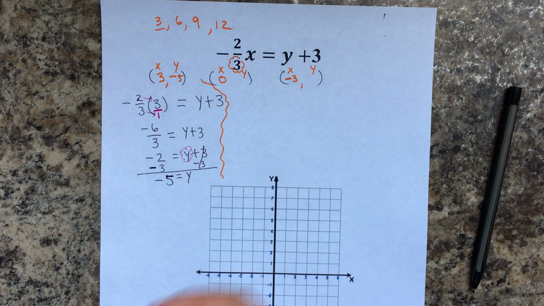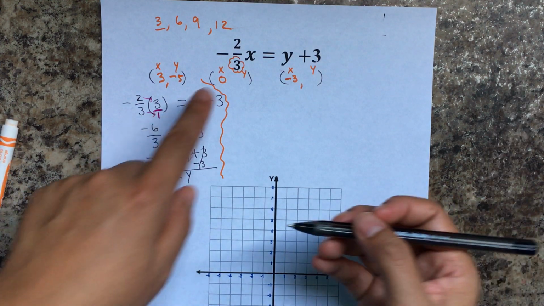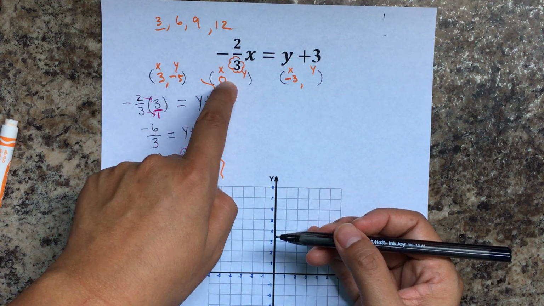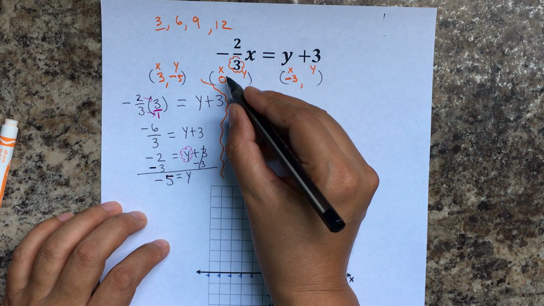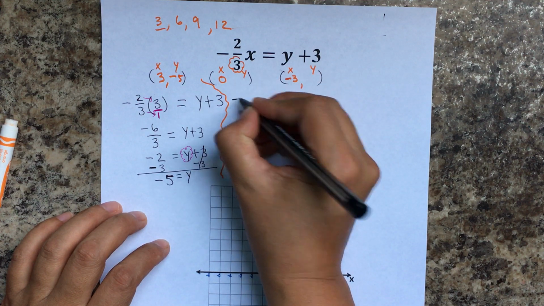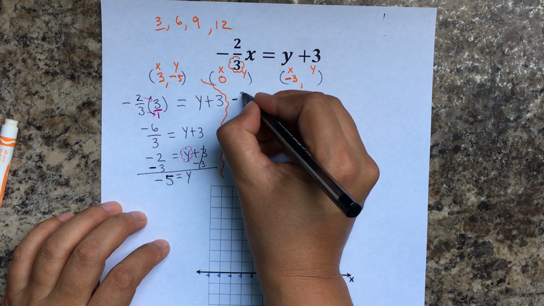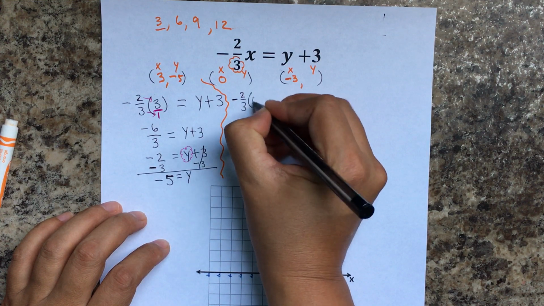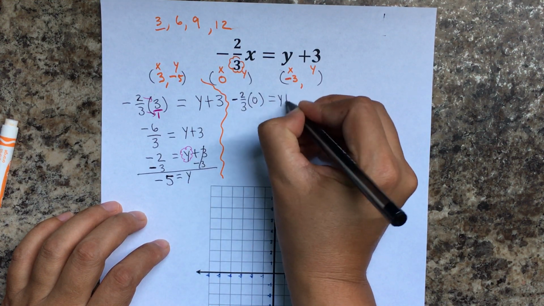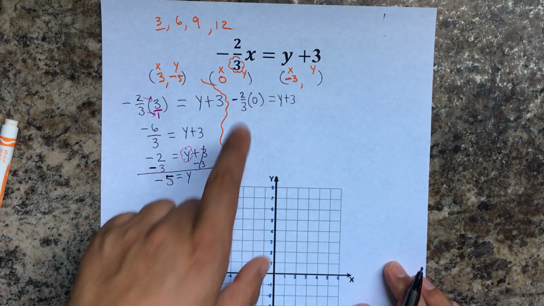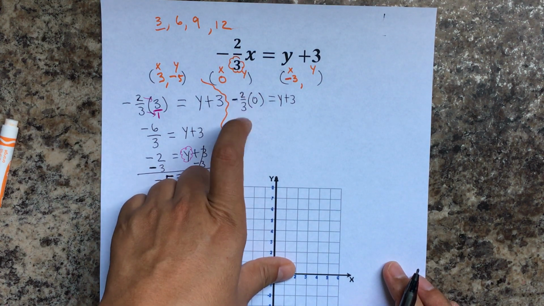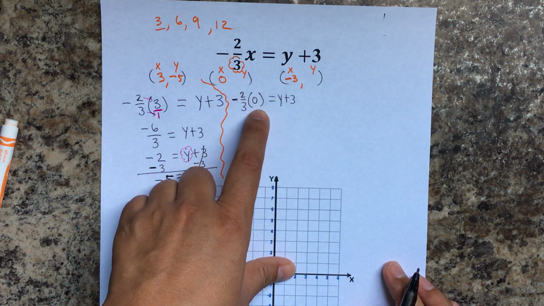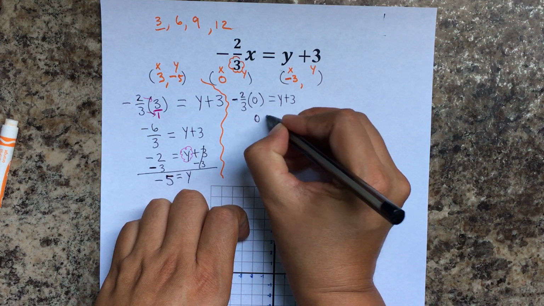Now let's do the one for the second. For the second value of x, x is 0. So negative 2/3 times 0 equals y plus 3. Anything, even if it's a fraction, multiplied by 0 will always be 0.